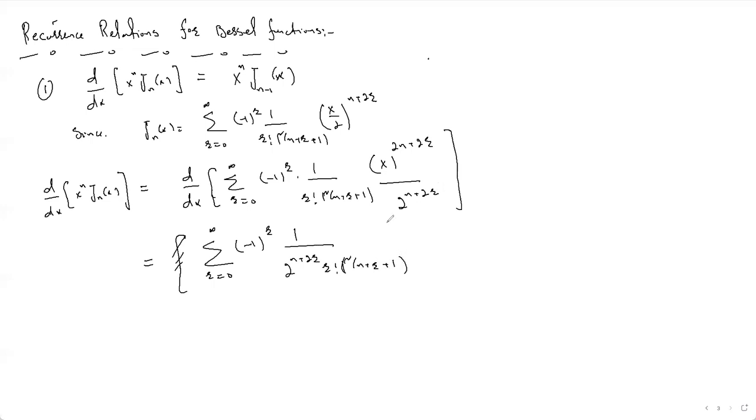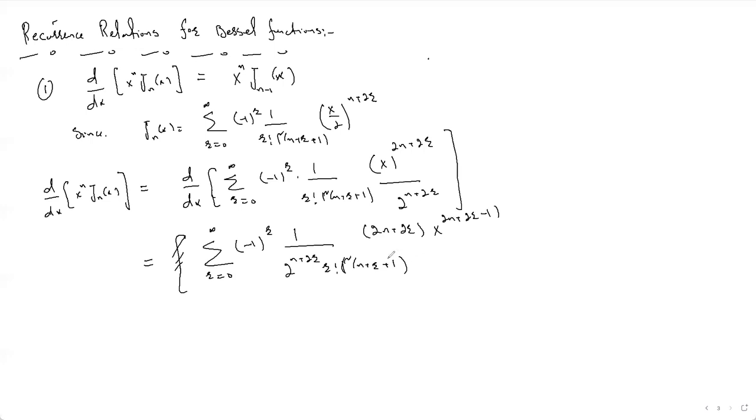Then what will be the derivative of this with respect to x? It will be 2n plus 2r into x raised to power 2n plus 2r minus 1, which you write as x raised to power 2n minus 1.